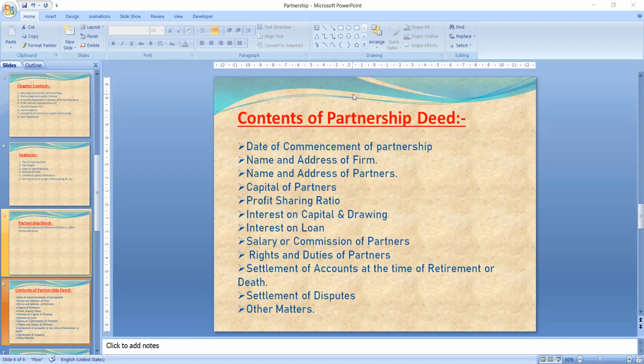Salary or commission of partner. Salary is amount payable to active partner generally, because sleeping partner does nothing for business, so they are not getting any salary from business, and commission is also payable to active partner only. Commission is based on certain factors like sales or business services provided, mainly sales.